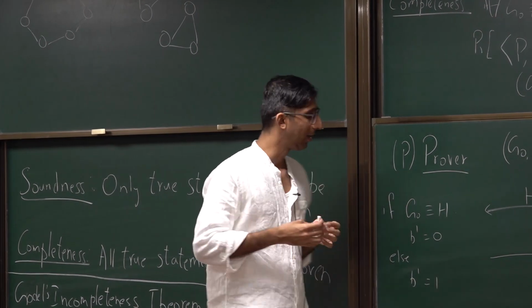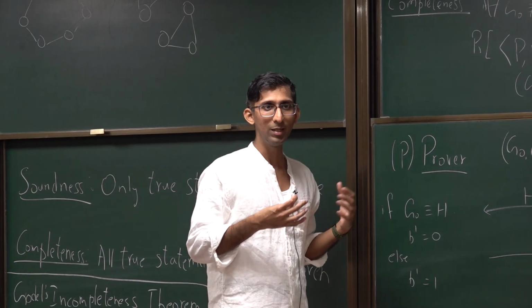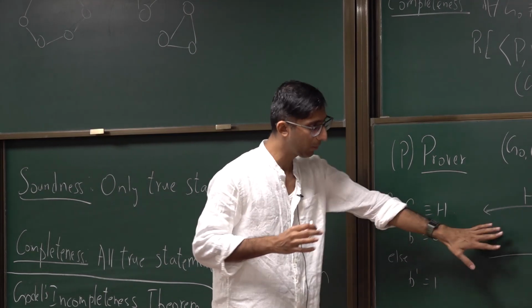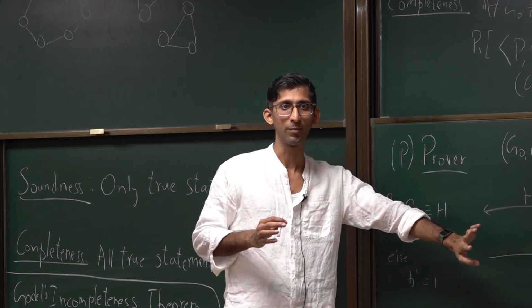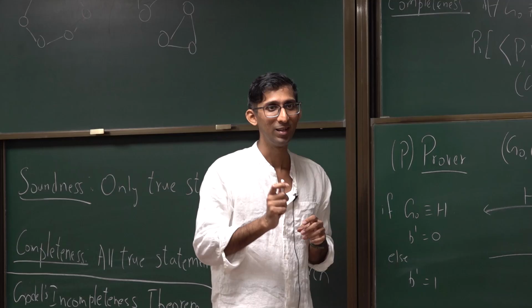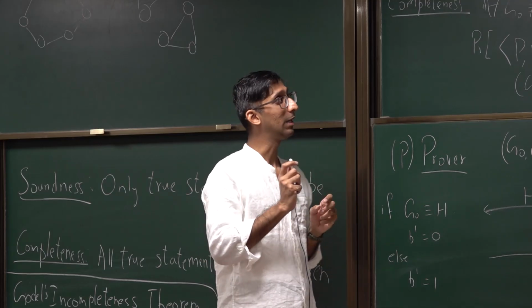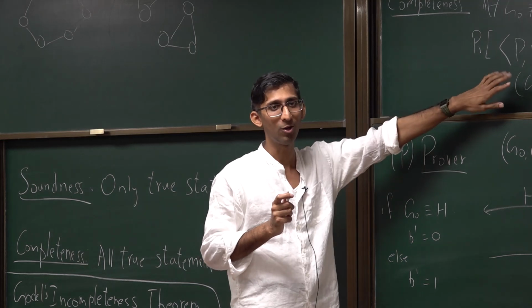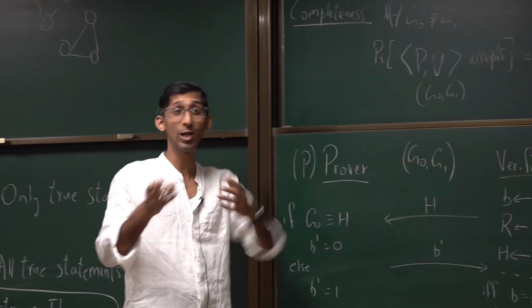For example, one possible prover algorithm is that it will always send 0. I can say the algorithm is b prime equals 0 and send b prime. That's the point. If I say that for every P star this has to be 1 or has to be large, then that cannot possibly be true.